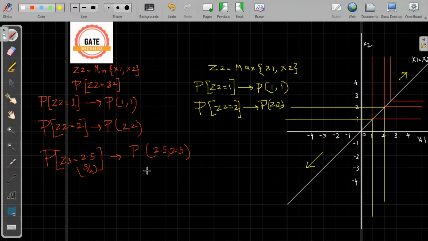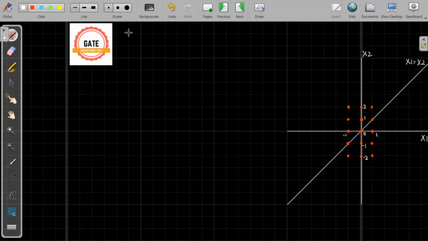So let's now return to our given problem. x1 is uniformly distributed over -1 to 1.